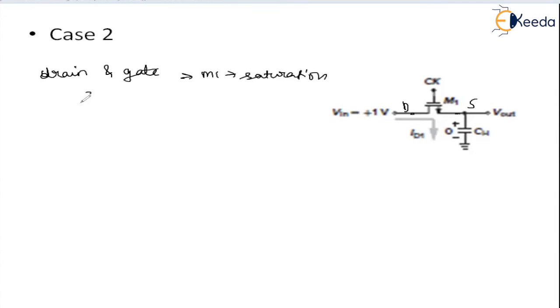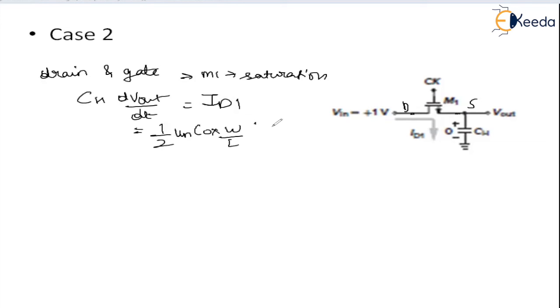taking the current for saturation mode as ID1 equals CH dVout by dt, and it can be written as again the same equation for the saturation region, half mu n Cox W by L times VDD minus Vout minus VTH whole square.